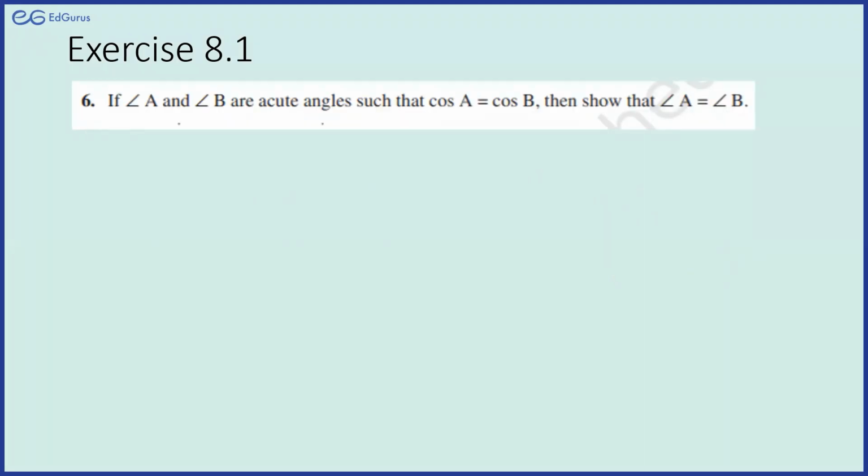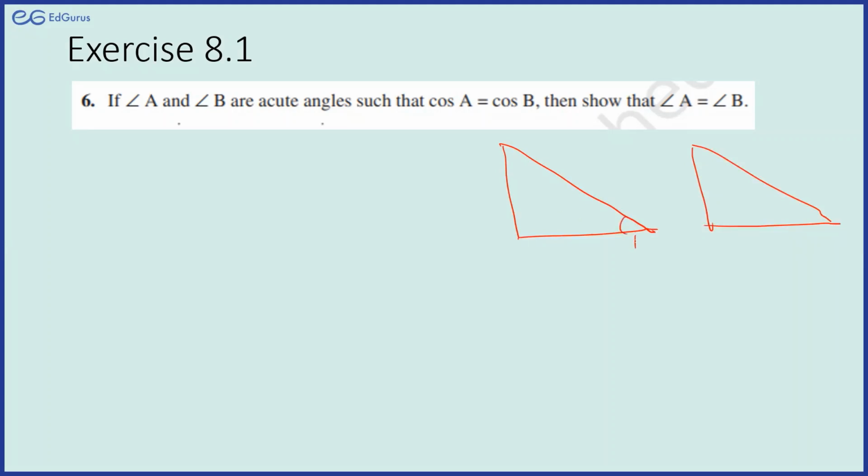If angle A and B are acute angles such that cos A equal to cos B, then show that A is equal to B. Now, this is similar to what we did in the example. Now again, they have given you two trigonometric ratios which are equal.